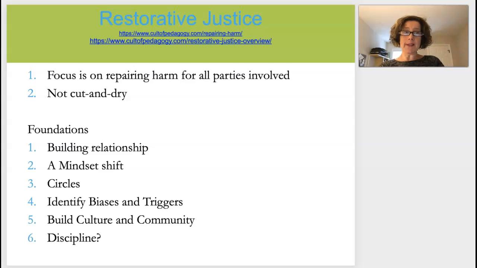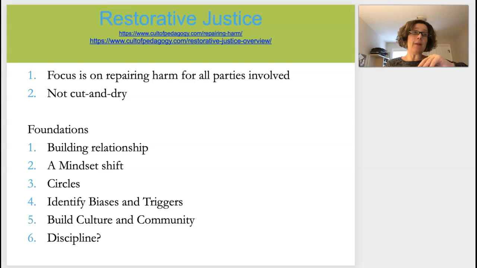The foundations of restorative justice. So if you go, yeah, that sounds like a great concept, how do you actually go about setting this up? Well, you have to have these foundations. You have to have built relationships with your students. It has to be an intentional team building for all the students in your class and the teacher.